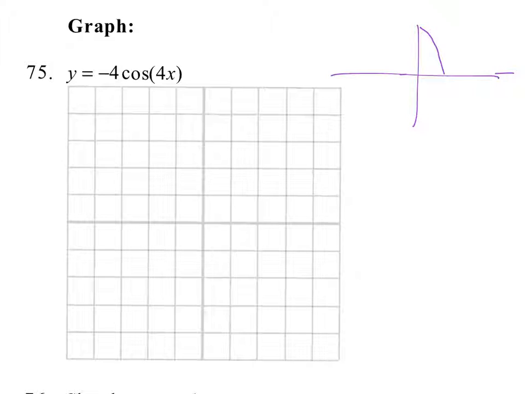Cosine starts at the top, goes down, and comes back up. This should be from 0 to 2 pi normally, which means that pi is in the middle. This would be pi over 2, and this would be 3 pi over 2. Okay, that's the basic graph that I need to think about when I'm doing this. My midline, we're doing plus 0, so that's going to be 0.